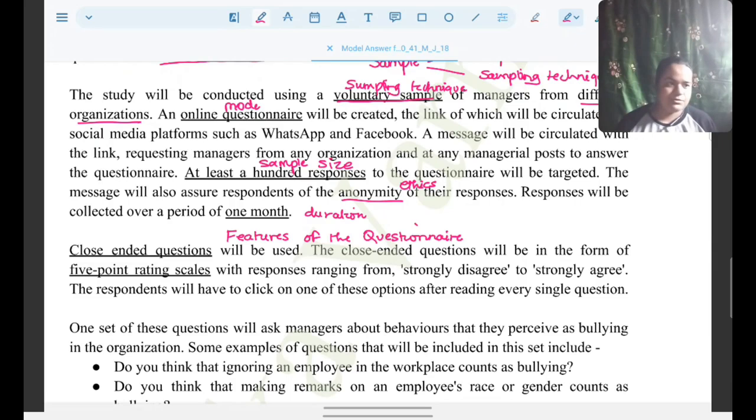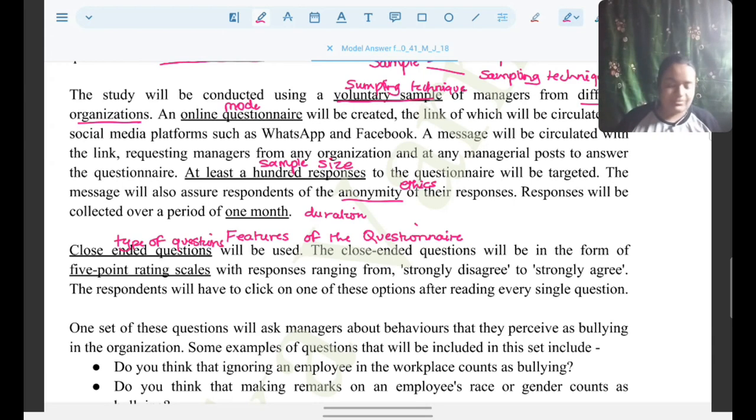What has been directing my mind while answering this question is that managers do not have so much time to answer full-fledged open-ended questions. So I have included only close-ended questions. Also, practically speaking, as a student, I think it's easier to link the theory to the questions when they are close-ended, as we will see ahead. So I've clearly mentioned what type of questions are going to be there, namely close-ended questions.